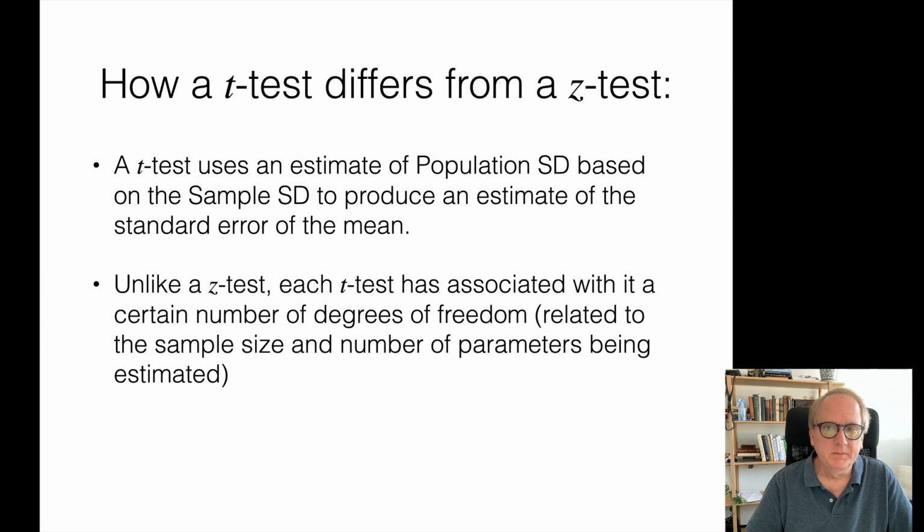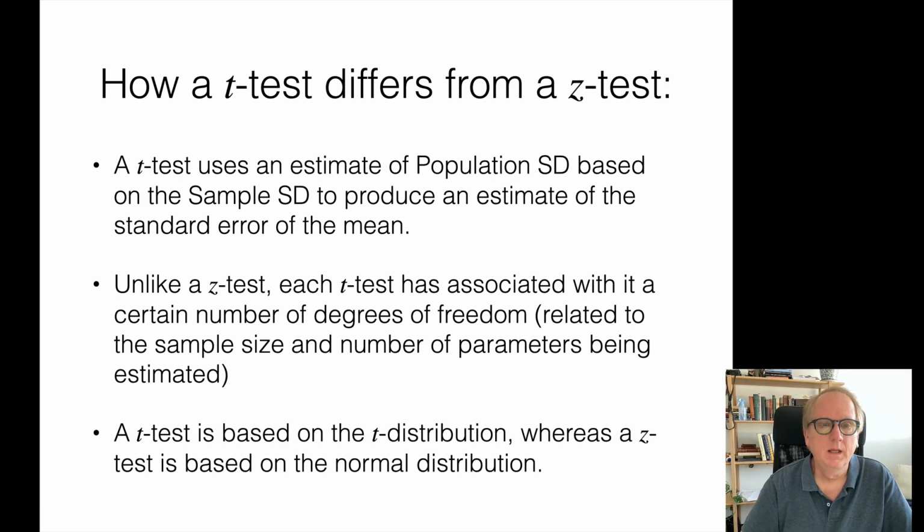Another way that it differs from a z-test is that, unlike a z-test, each t-test has associated with it a certain number of degrees of freedom that's related to the sample size and the number of parameters that are being estimated. So I'll be introducing this new formula for what's called the degrees of freedom. A t-test is based on a t-distribution, whereas a z-test is based on the normal distribution. So these last two points go together.